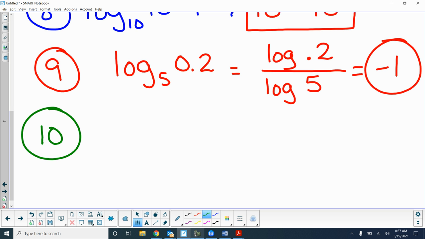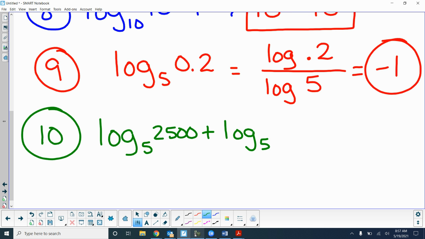Okay, so when we have an addition problem of logs, and we want to write it as a single log, okay? What do we do if it's addition? Log base 5 of 2500 plus log base 5 of 6.25.